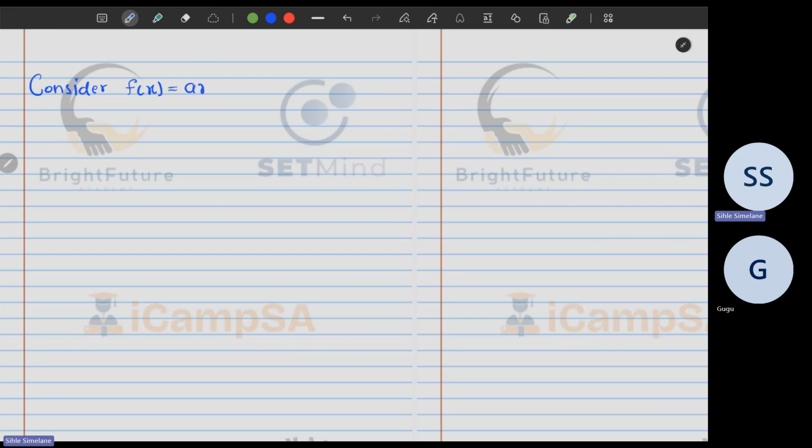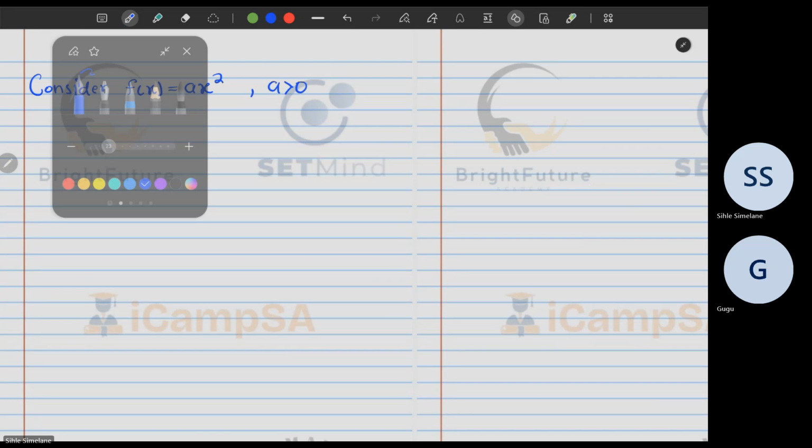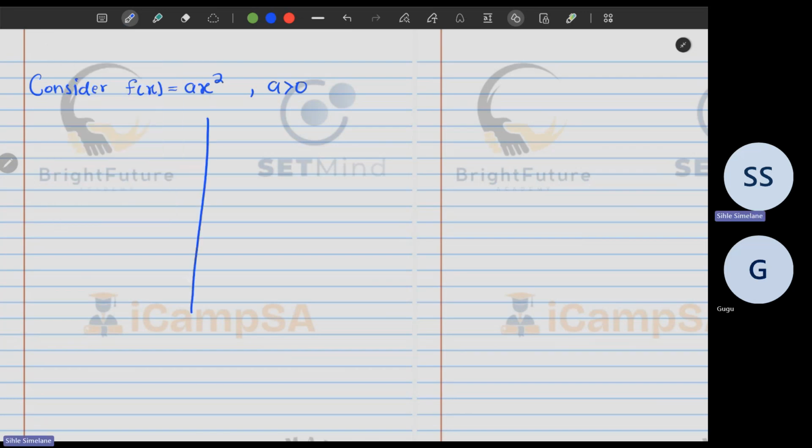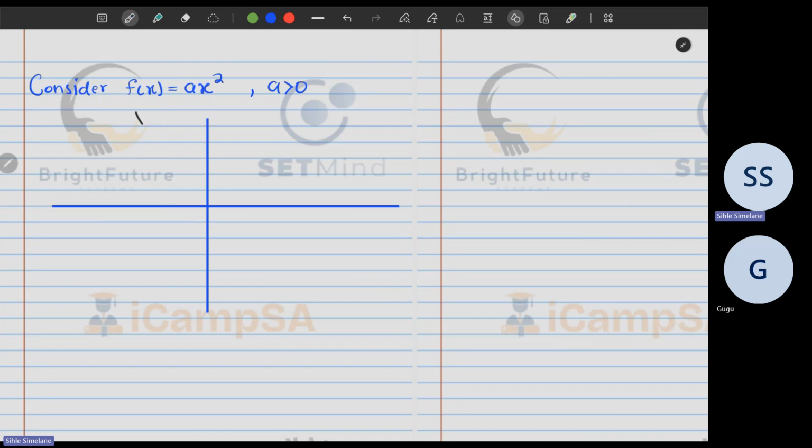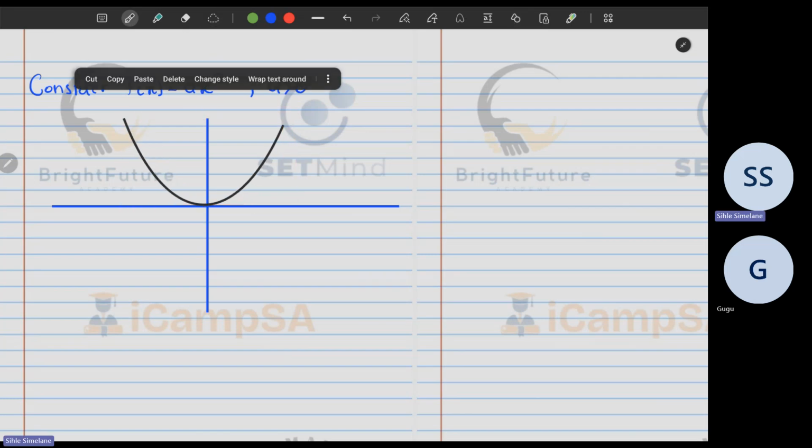And we want f of x to be ax squared. And for this case, I want us to work with an a value that is positive. So if we sketch the original function, this f of x here, what you will see is it will be a graph that looks something like this. Do you agree? A is positive.